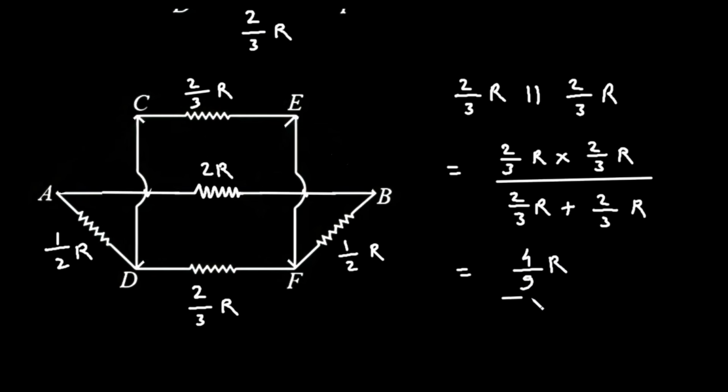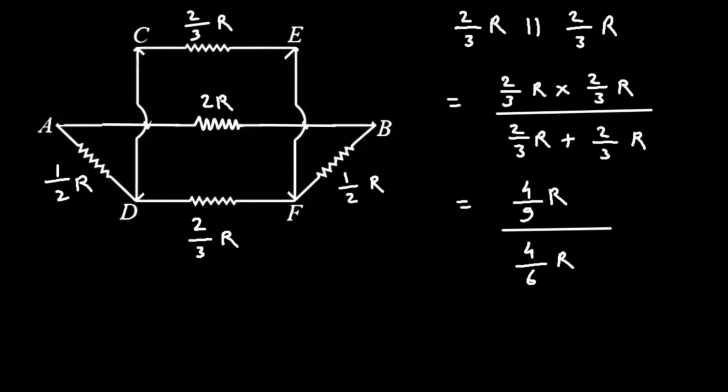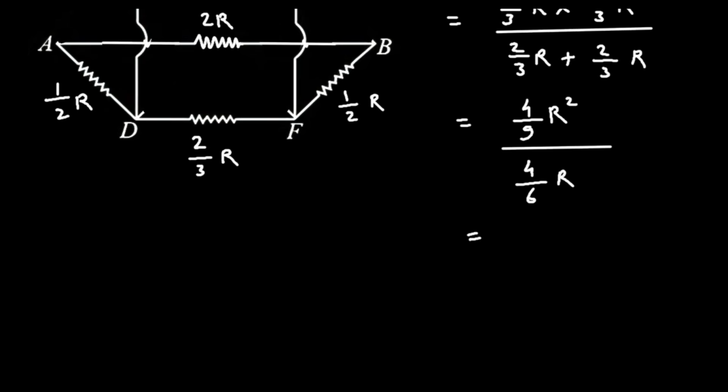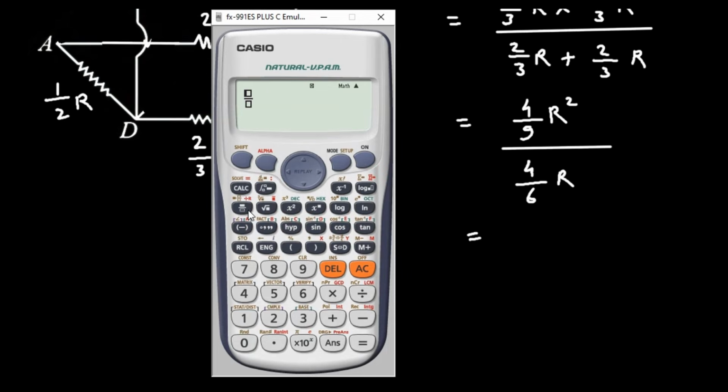4 by 9 R divided by, now this 2 by 3 plus 2 by 3, it will be 4 by 6. 4 by 6 R. Now this R and this R will get cancelled. Now here this will be R square. So now this will be 4 by 9 divided by 4 by 6.